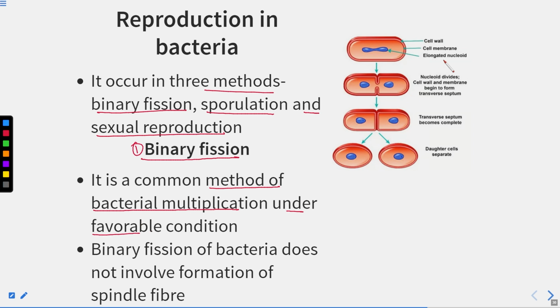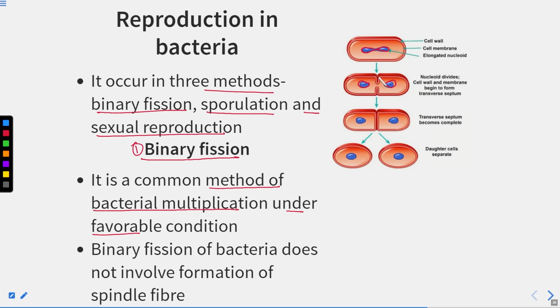So under favorable conditions, what they do is the nucleus divides into two. The chromosome material divides into two. It replicates, it makes its copy. One copy is transferred to one part of the cell, and another copy is transferred to the other part of the cell that is going to be a new cell, right?